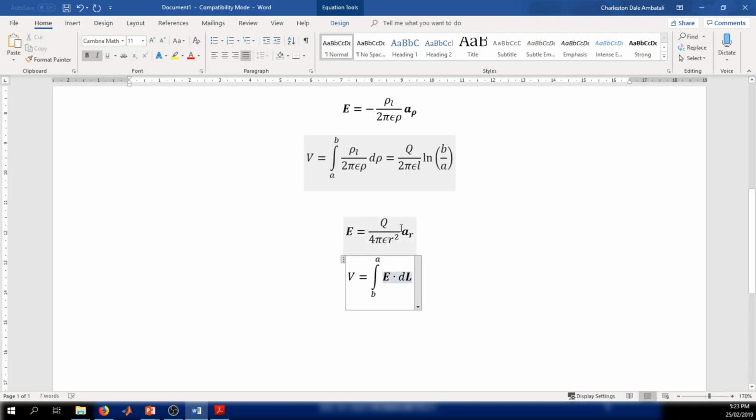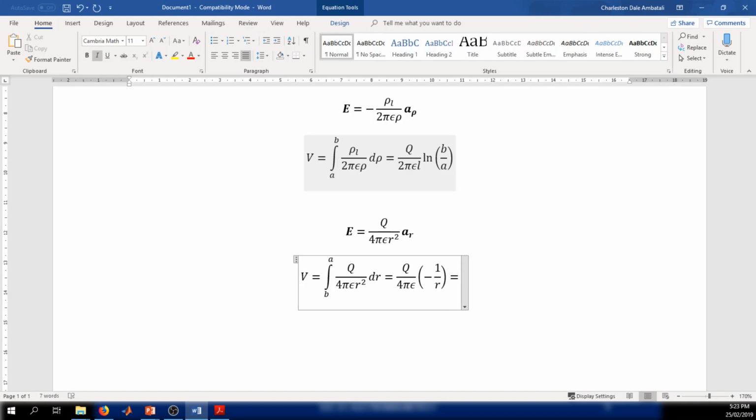So substitute that. You have the expression for E. And your dl is your differential radius, so that becomes dr. And that will be q over 4 pi epsilon times negative 1 over r. Okay, so there's something wrong. Oh, wait. Right, this is correct. So you integrate that from a to b.